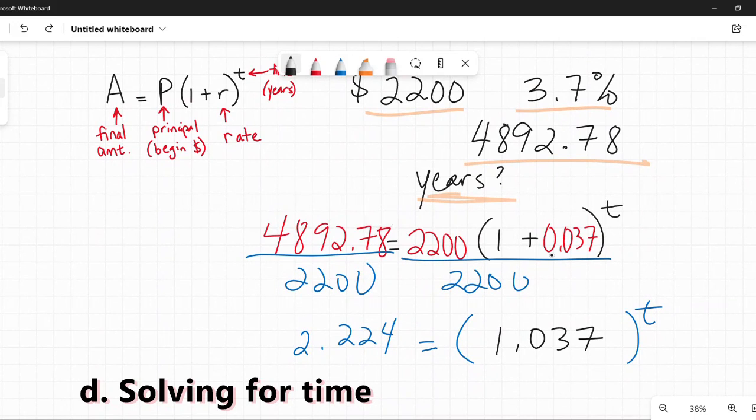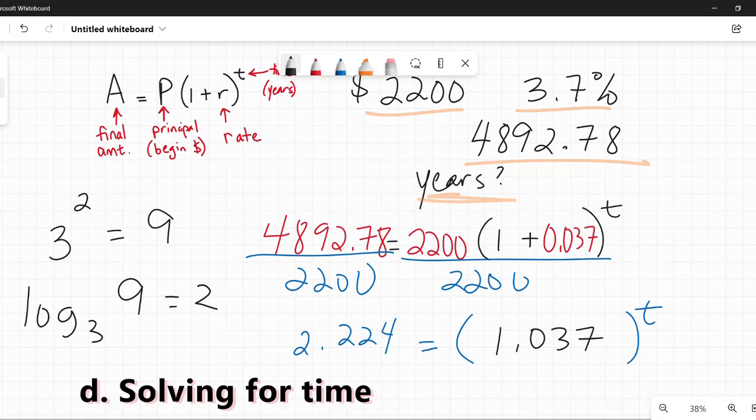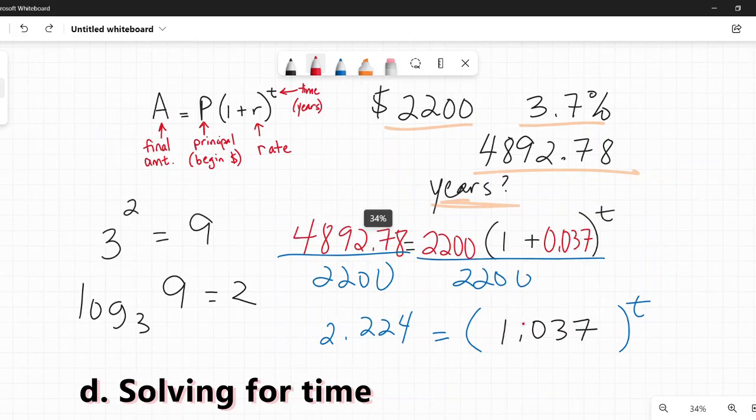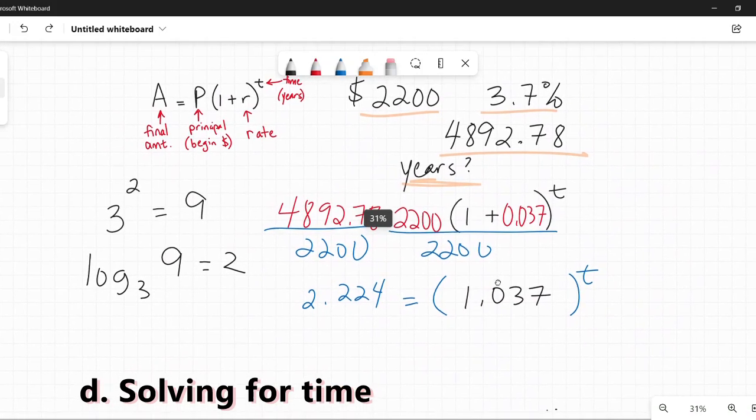As a very quick refresher, if I had something like 3 squared equals 9, I could write that as log base 3 of 9 equals 2. It always goes 3 to the power of 2 equals 9. That's how they are equivalent. These two things are the same. So we are going to rewrite this as a log, and that will let us use our calculator to solve this.